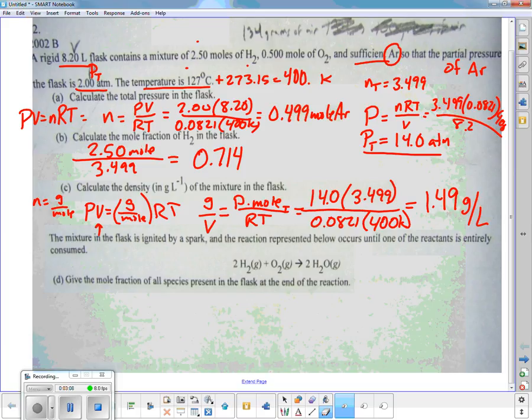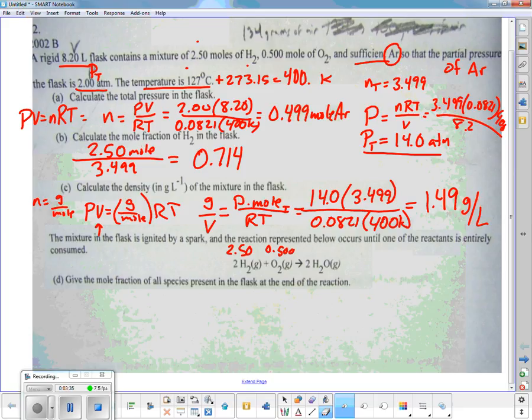Okay, so the mixture in the flask is ignited by a spark, and a reaction represented below occurs until one of the reactants is entirely consumed. Give the mole fraction of all species present in the flask at the end of the reaction. So if we look up here, I'm going to bring down real quickly what this is. 2.5, right? 0 moles of this, and 0.500 moles of this, right?